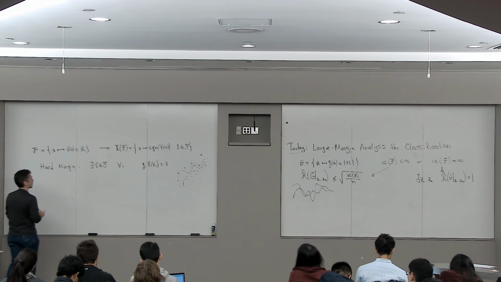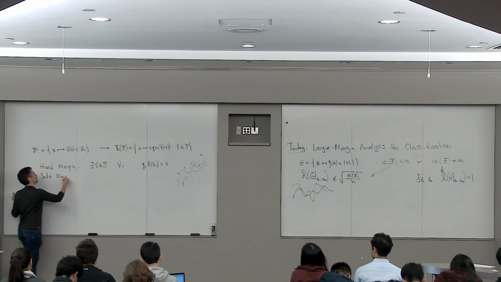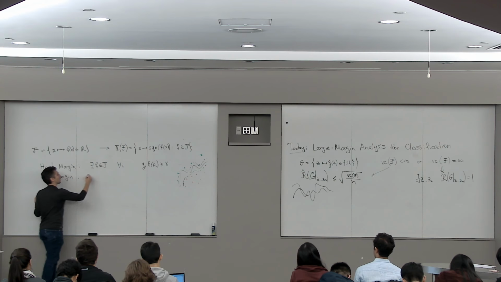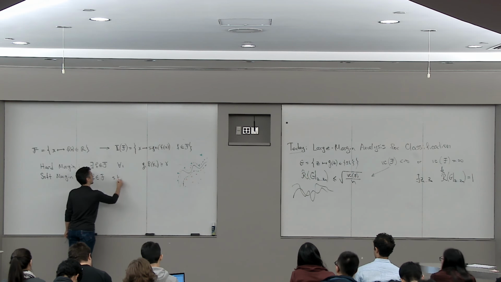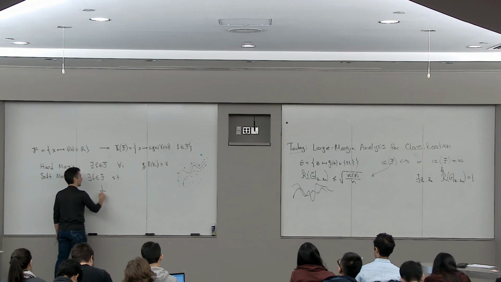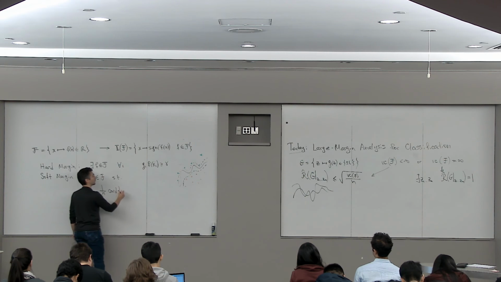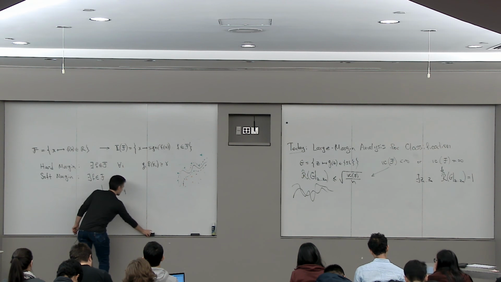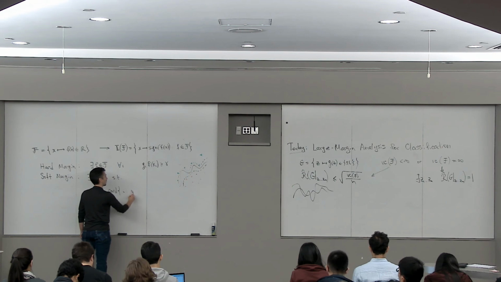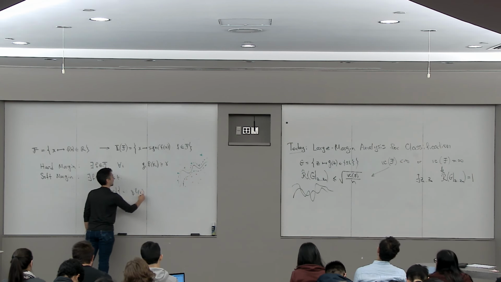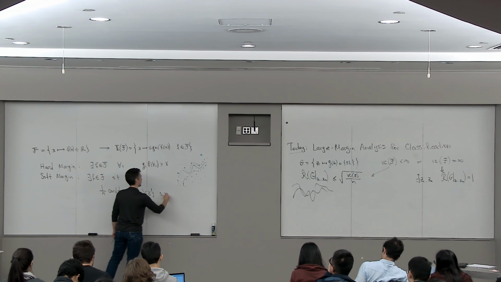Okay, so that's a hard margin. What is a soft margin? There exists an f in F such that the proportion, so 1 over n times the cardinality of the set of i such that y_i f of x_i is less than gamma, is small.